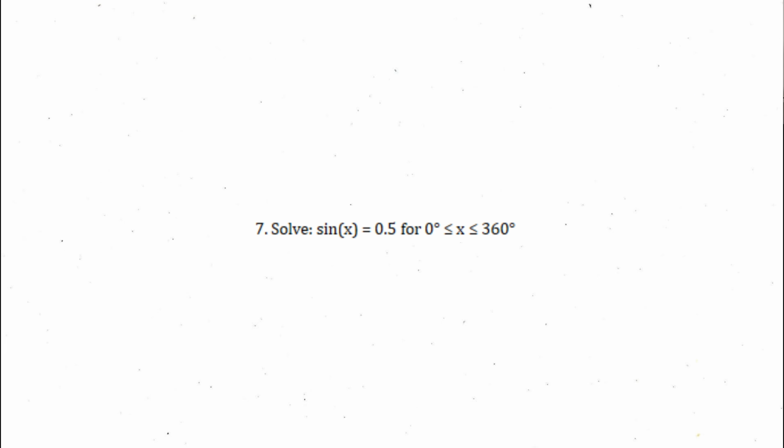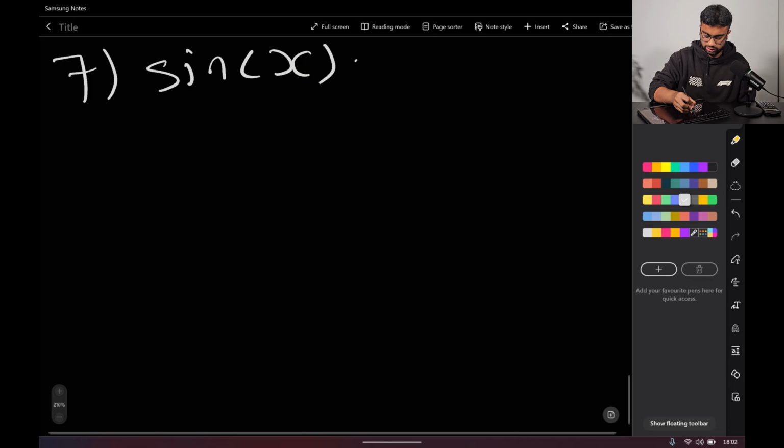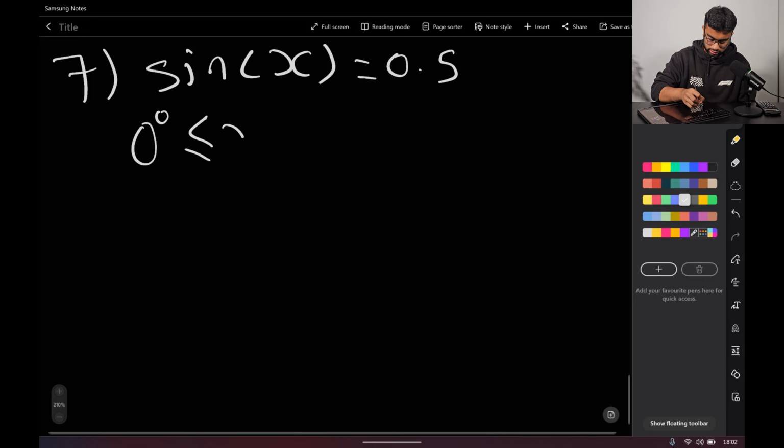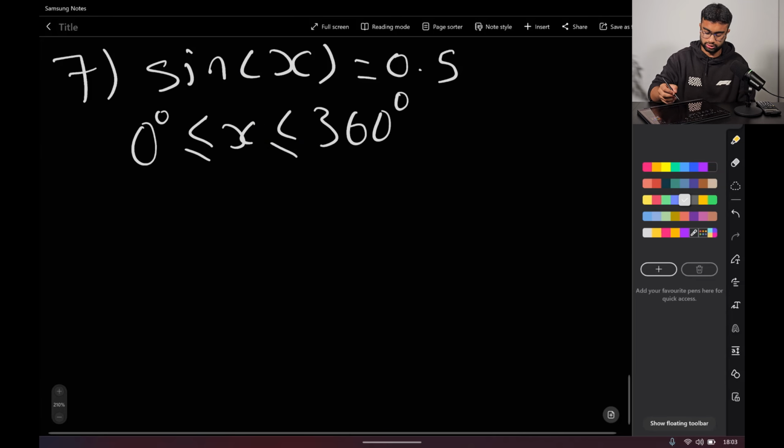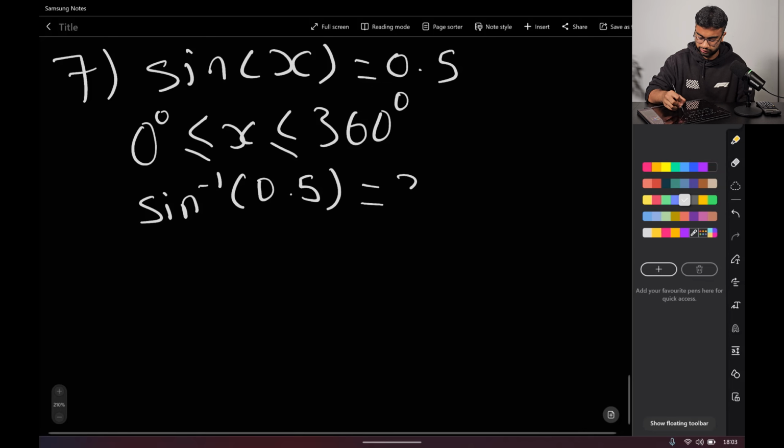Question 7 tells us to solve sine x is equal to 0.5 in the interval between 0 degrees less than x less than 360 degrees. Well, to do this, we'd have to do the inverse of sine, or sine to the minus 1 of 0.5 to get our first x value, which would just give us 30 degrees.